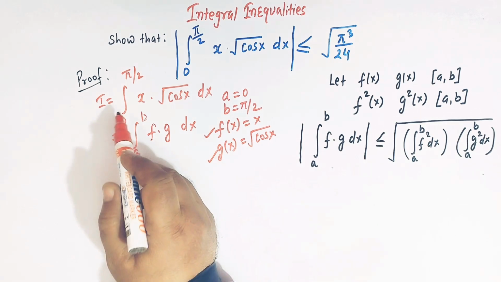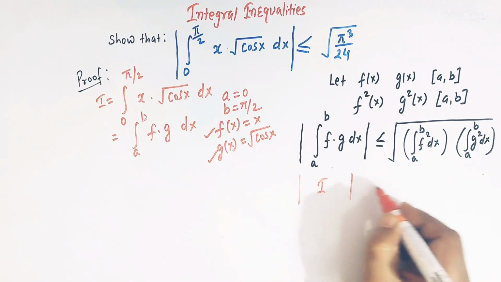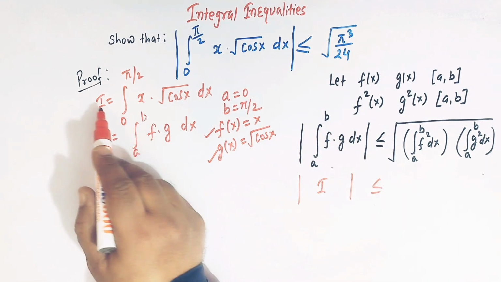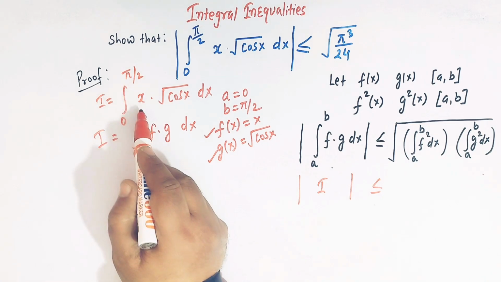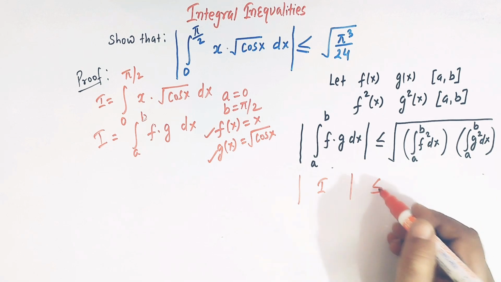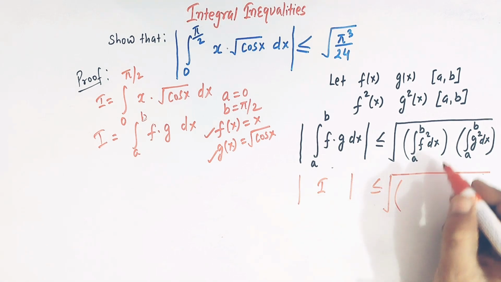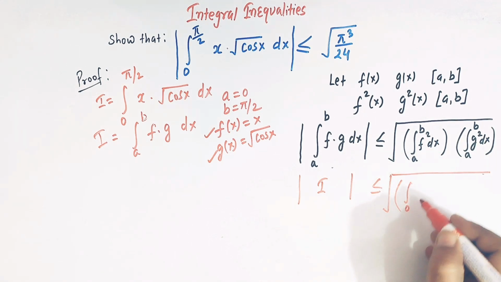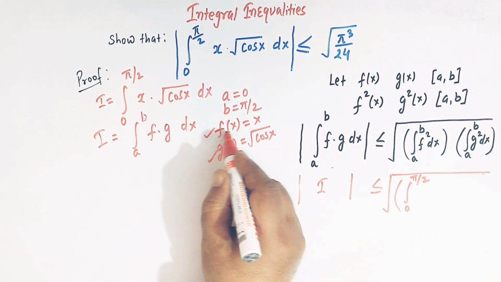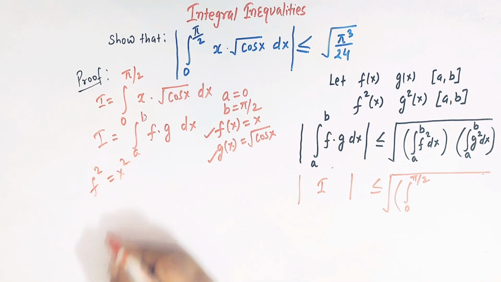So now we have here the mod of I, because this integral we are taking as I, which is our integral from 0 to pi by 2 of x times square root of cosine x. So mod of I is less than or equal to the square root of the first integral, that is from 0 to pi by 2, of f squared. Here we have f of x as x, so f squared is equal to x squared.